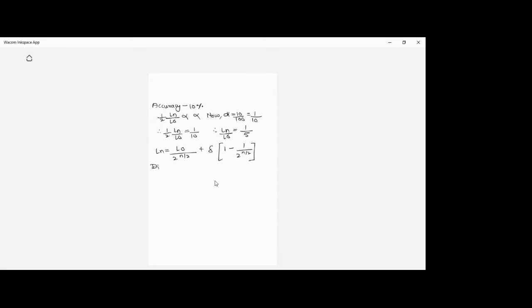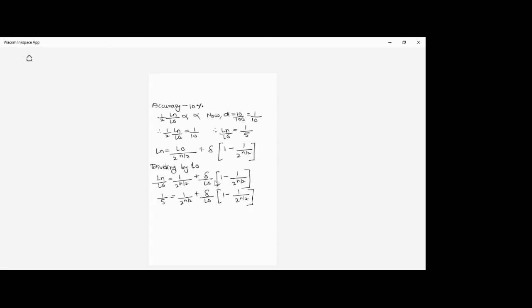So dividing by L0 in the above equation, you'll be getting ln by L0 is equal to 1 by 2 n by 2 plus delta by L0 into 1 minus 1 by 2 n by 2.